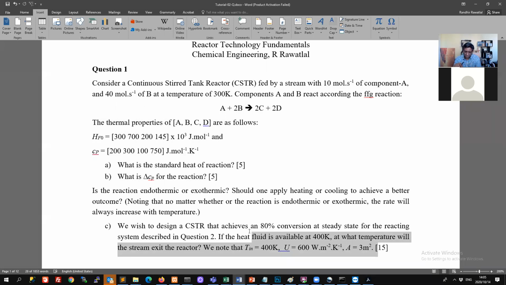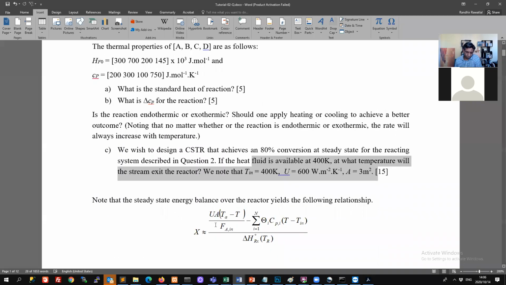But the same framework applies even if it's a heating coil or cooling coil. That's the beauty of heat transfer. It doesn't matter what exact geometry you've used, or whether you've arranged your heat transfer fluid as a jacket or as a coil through the reactor. You can represent all of them as UA delta T. So all the values are given there for that CSTR.